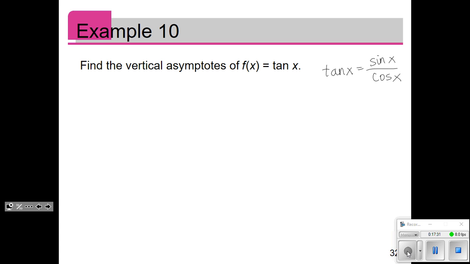That would be its vertical asymptote, right? When cosine x equals 0. We're thinking pi's or pi over 2's. It's actually pi over 2, and negative pi over 2.